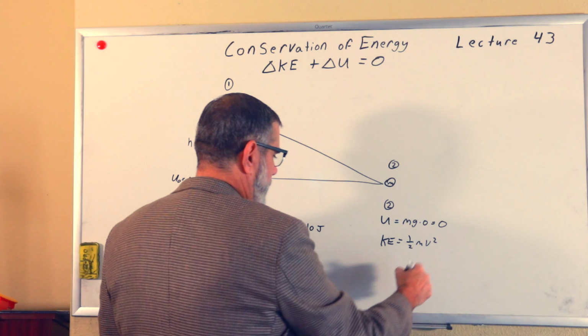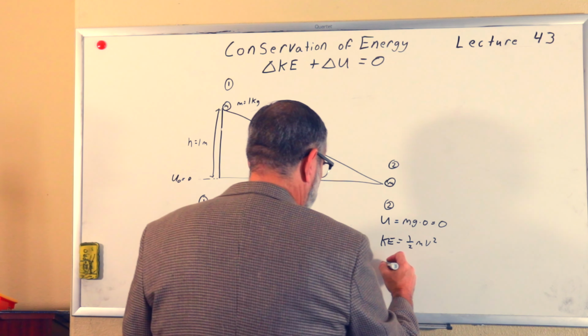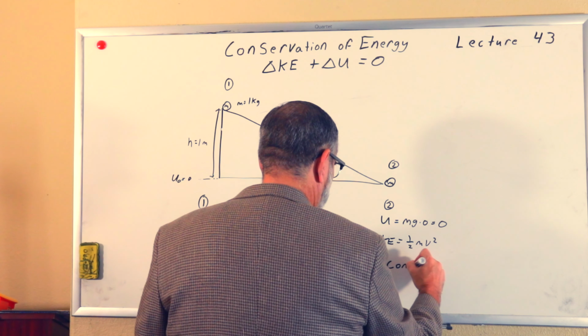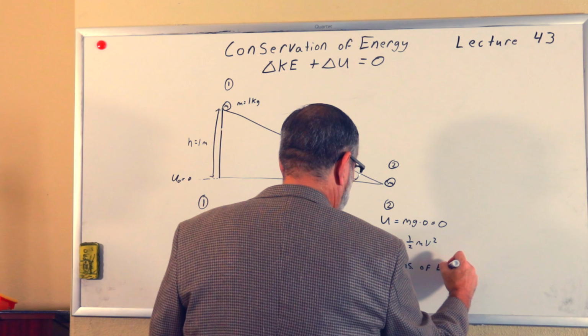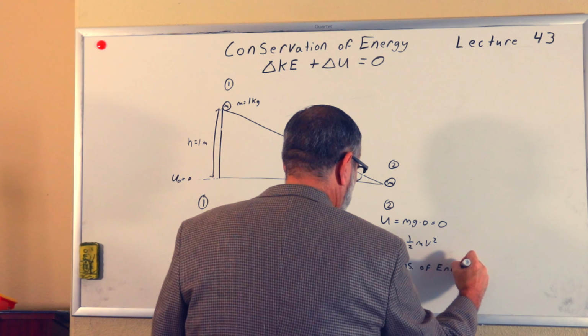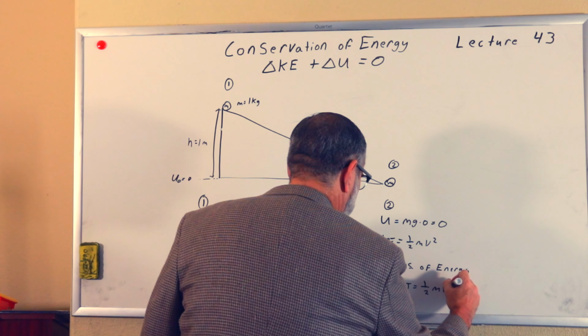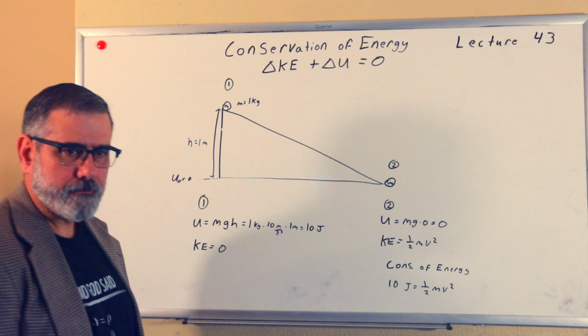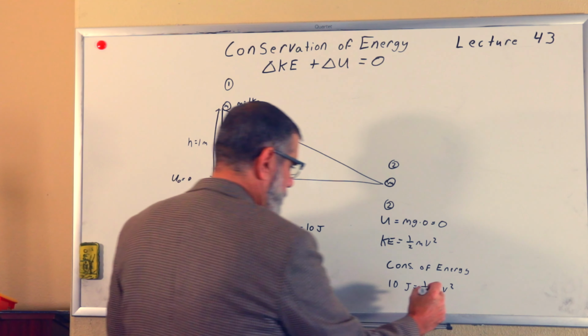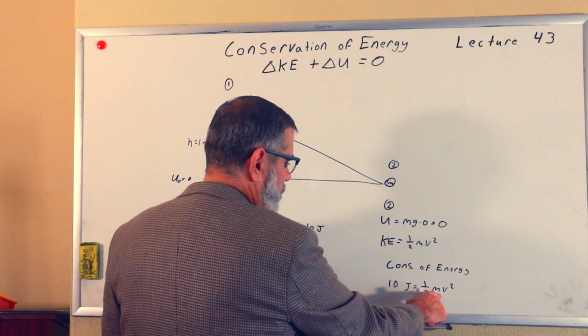To figure out what its speed is, I'll use conservation of energy. I'll say, well, 10 joules is equal to 1/2 mass times velocity squared. We know that mass is 1 kilogram.